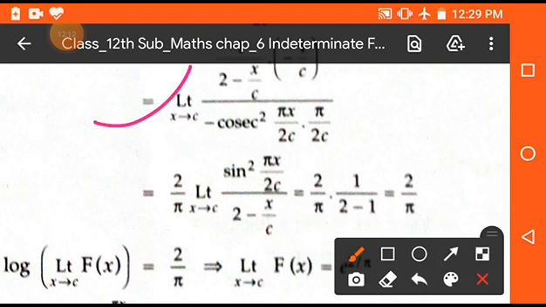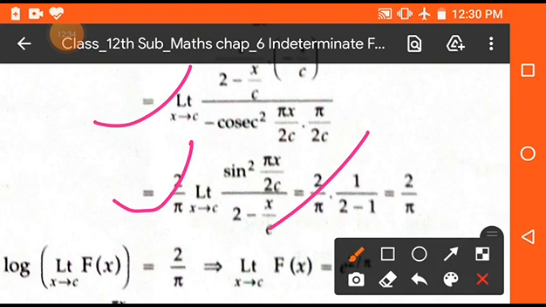Now using L'Hospital rule and differentiating, we get limit x tends to c of (2 minus x upon c) to the power minus 1 upon minus cosec square(pi x upon 2c) into pi upon 2c. Okay students, now adjusting the terms we write sine square(pi x upon 2c) upon (2 minus x upon c). If you put x equal to c, then you will get 2 upon pi into 1 upon (2 minus 1).